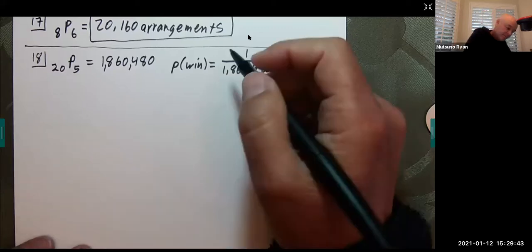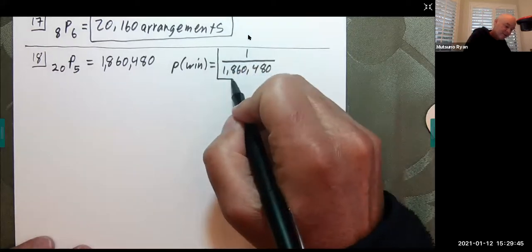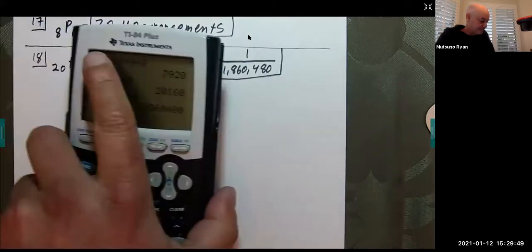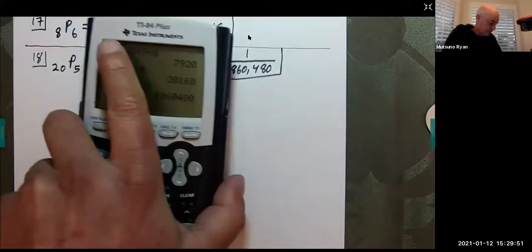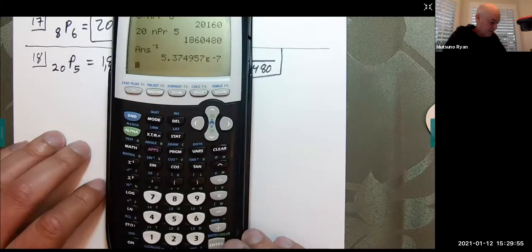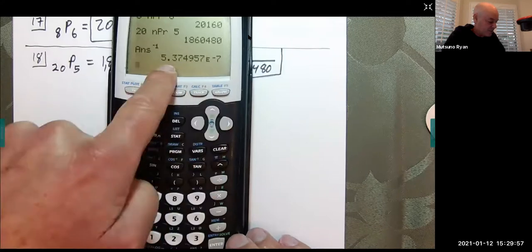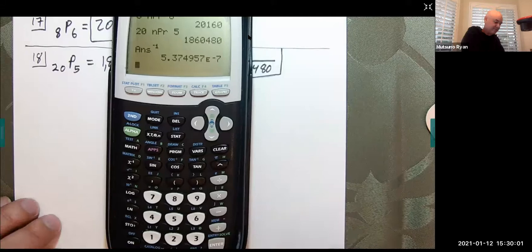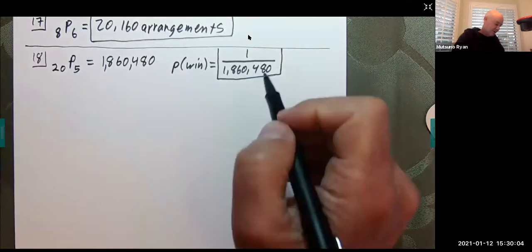I'm just going to leave this here as my final answer, because we're going to get a number that's so tiny. In fact, I can just hit the reciprocal button here, and that means I have to move that decimal 7 places to the left, so it's going to be 6 zeros and then the 5. So I'm just going to leave it as a fraction like this.